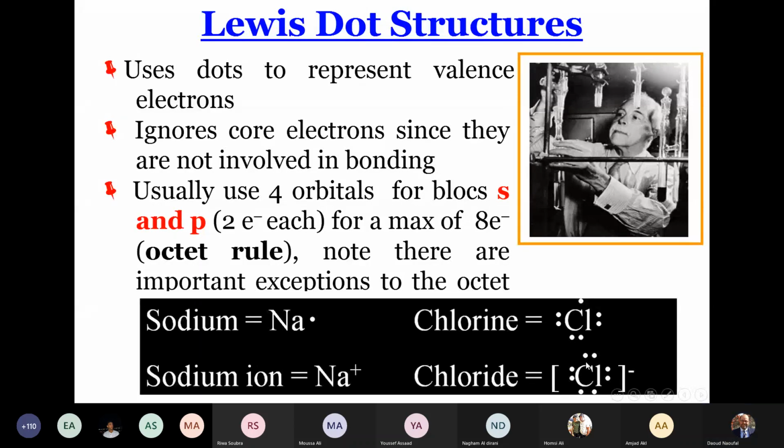So in Cl-, I have 8 electrons. This minus and these brackets are only notations to make the difference with the corresponding atom Cl.